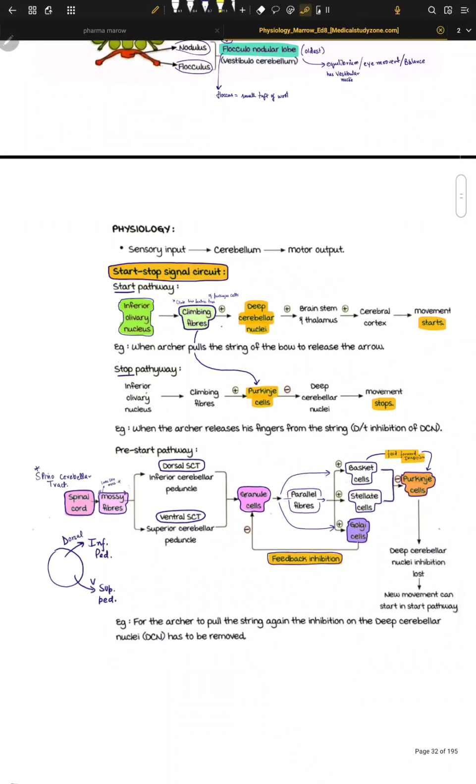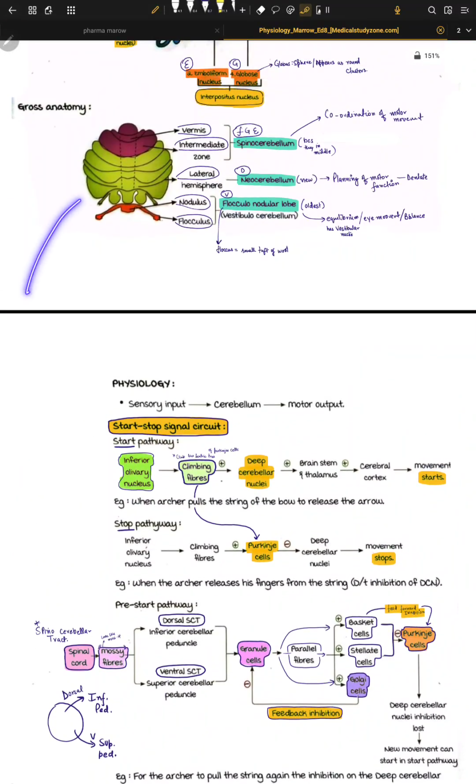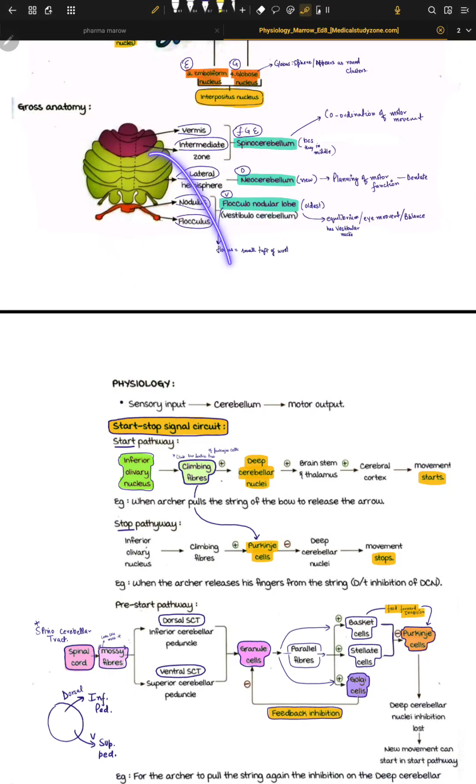What about the physiology? Well, you have some sort of sensory input coming to them, and then the cerebellum calculates the balance, or the desired thing, and then the cerebellum has motor output. This is the whole physiology of it.